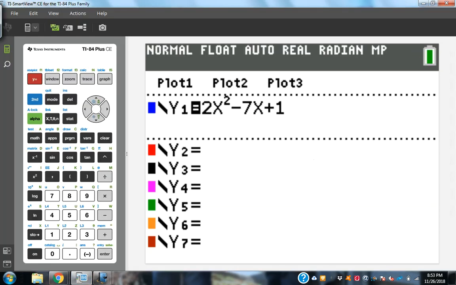On the graphing calculator, I'm going to hit Y equals, and then type in that polynomial just like it's written there. So 6x raised to the 4th. To get that 4th power, you hit the caret symbol, which is right underneath clear, and then type the 4, and you have to hit the right arrow key to get out of the exponent. Plus 7x raised to the 3rd, I forgot the plus sign.